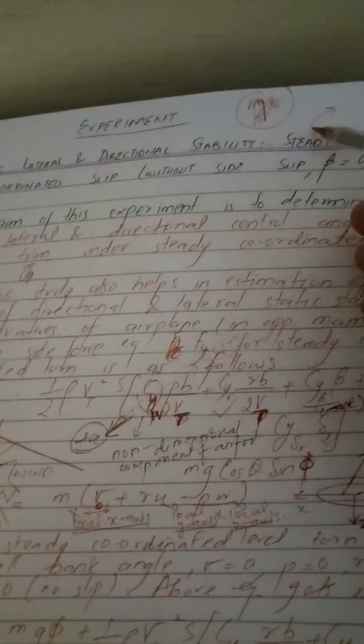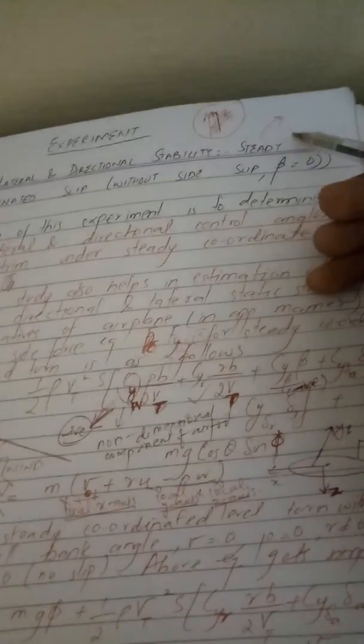If you want to discuss it in terms of centrifugal force, we have to discuss centrifugal acceleration, because it points towards the center in turning, and it's a steady coordinated turn. So we have the velocity components, and the different components of the aircraft providing the aerodynamic force that may help us get a steady coordinated turn.